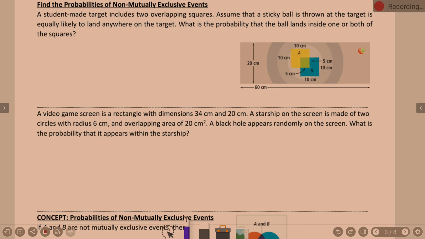Okay, so you've got the picture on your paper there. You can see the target set up. They have all the measurements we will possibly need.